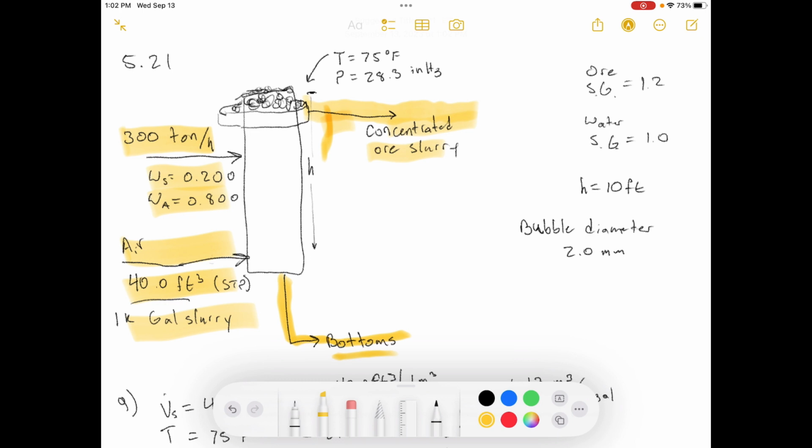So instead of having a 20% solids ratio, that changes because you're going to separate some solids out the bottom and the top. But we're going to assume that this solid to water ratio is kind of similar going through the whole column.